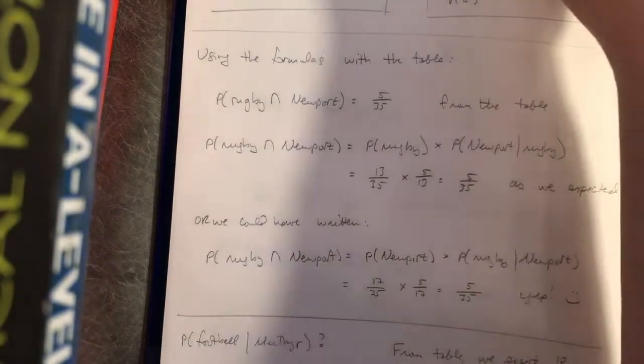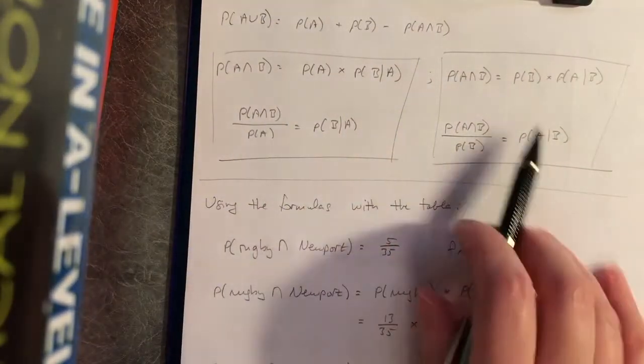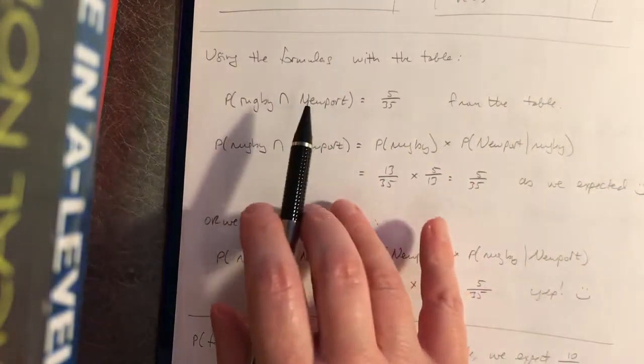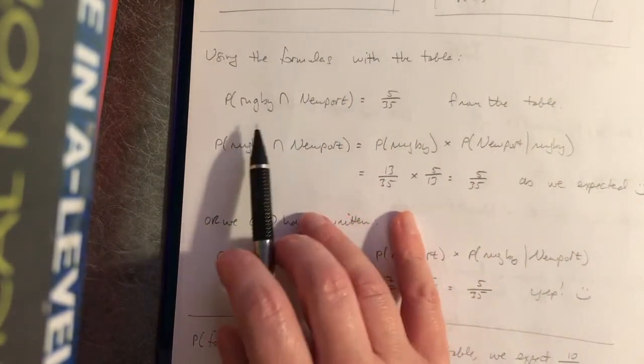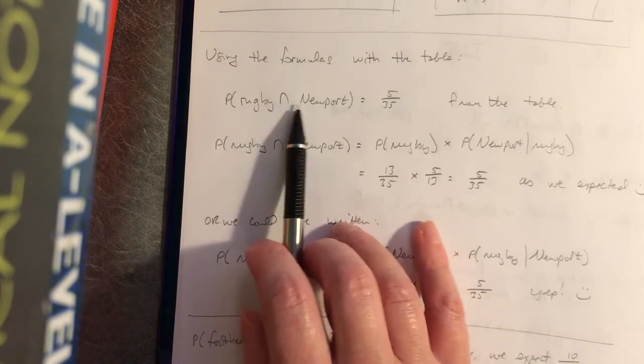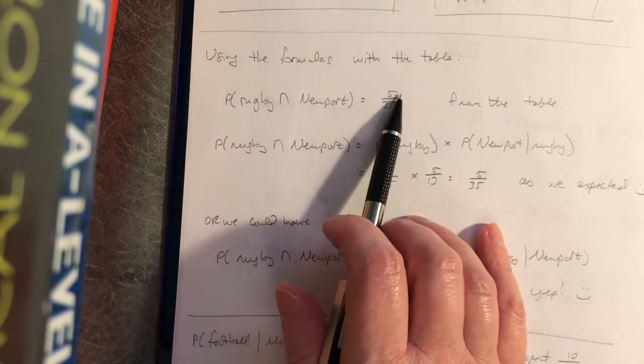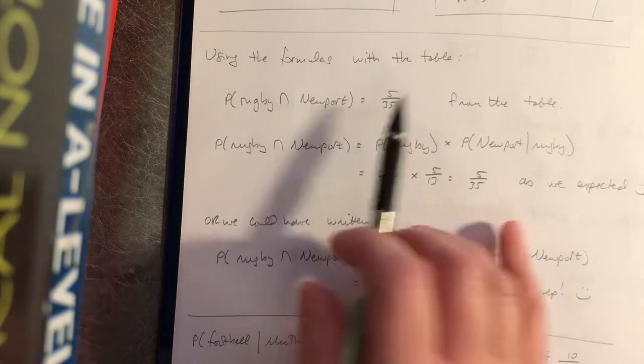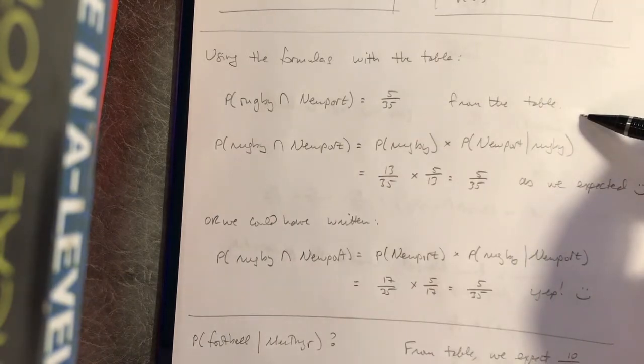Okay, so I could ask, this is summarizing the formulas again. What's the probability that you play rugby and you're from Newport? Well, I know that there's 5 such people out of 35 people altogether, and that's looking at the table.